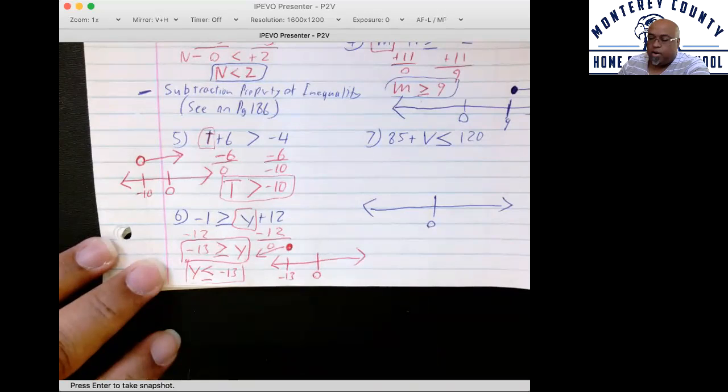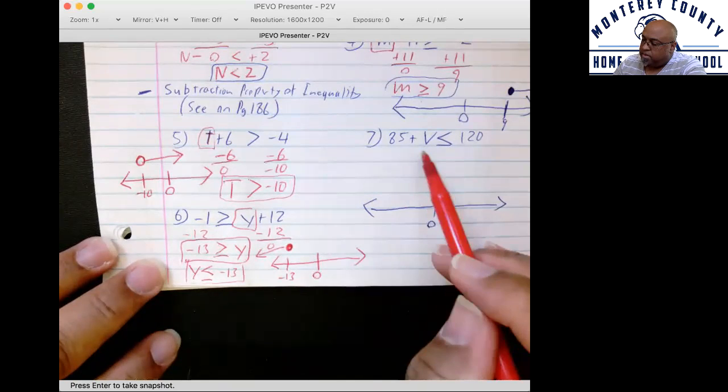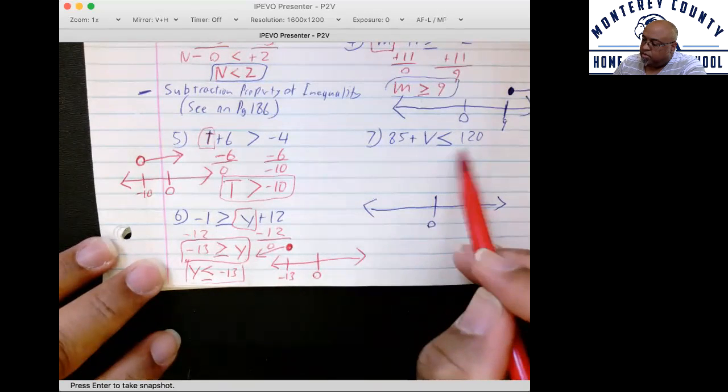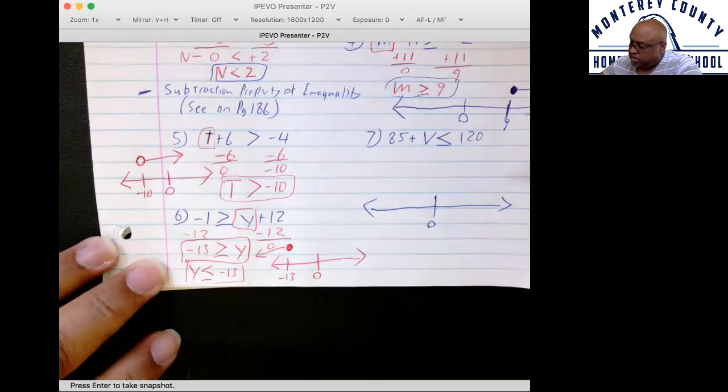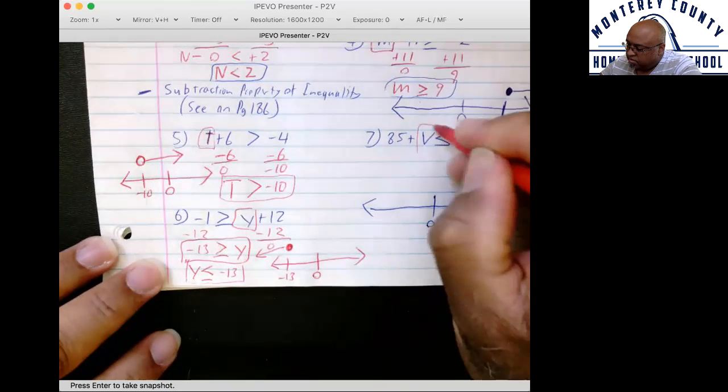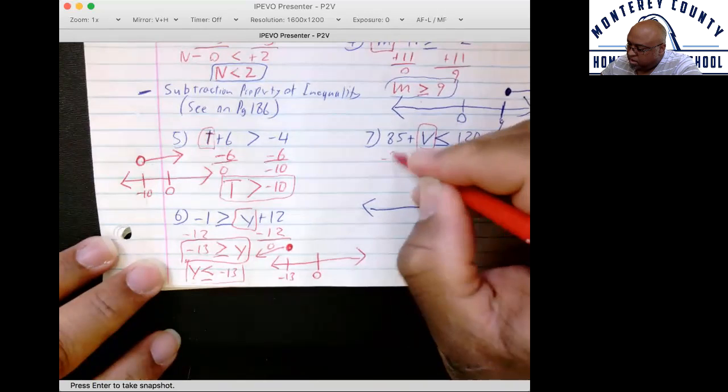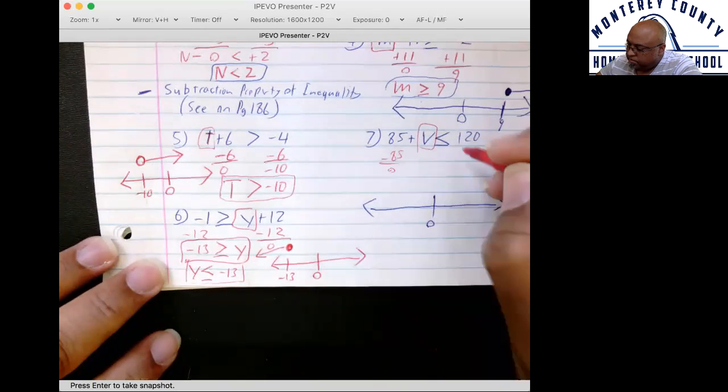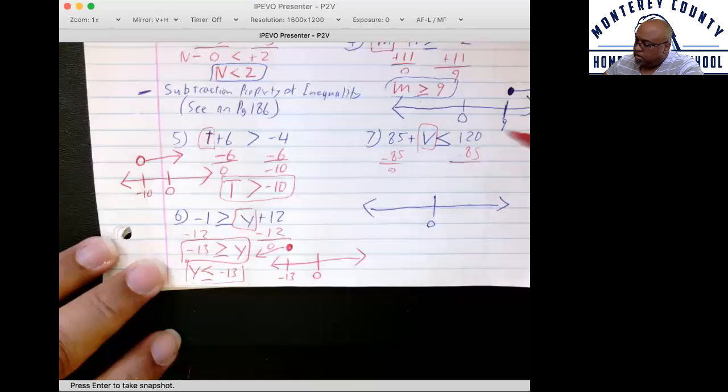All right, one more problem. 85 plus v is less than or equal to 120. Okay. Isolate the variable v by opposite operation. Okay, so let's see, 120 minus 85.